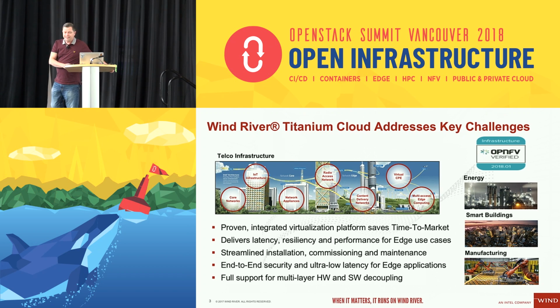Wind River has a Titanium Cloud product. It's basically an OpenStack-based private cloud offering that differentiates on high availability and high performance, both data path performance, as well as ensuring high compute performance for the VMs that it's hosting.